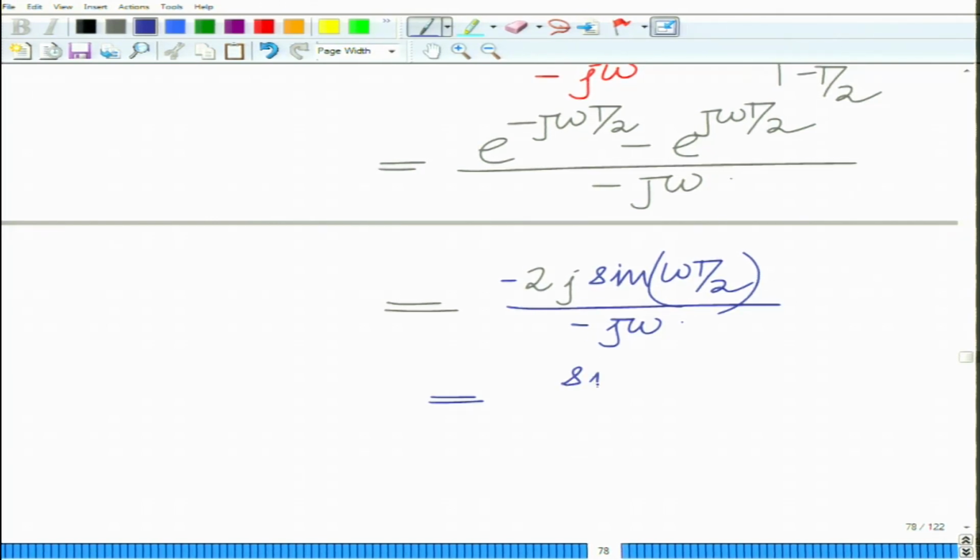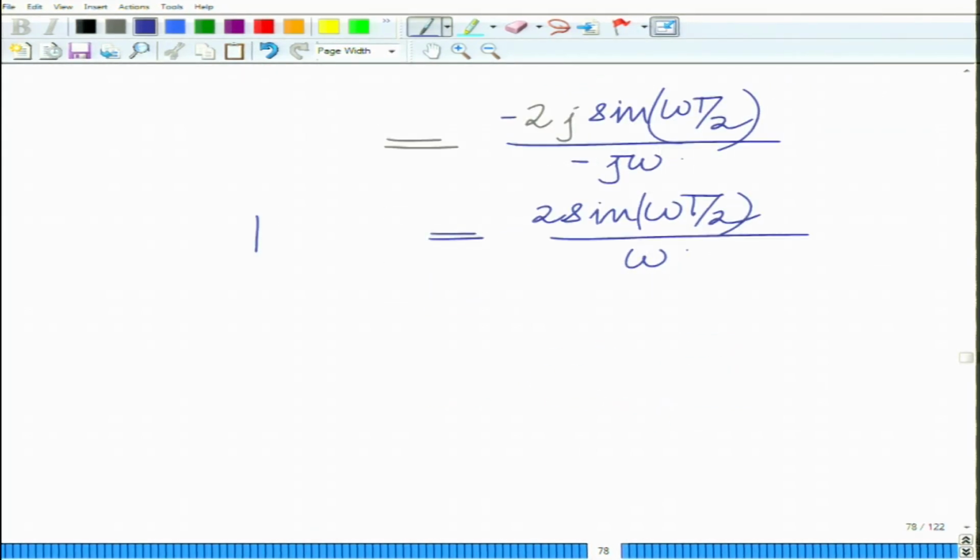So, this will be twice sin omega T by 2 divided by omega.